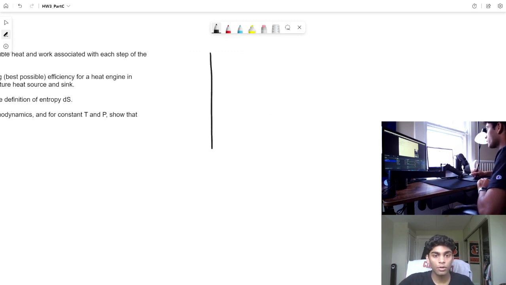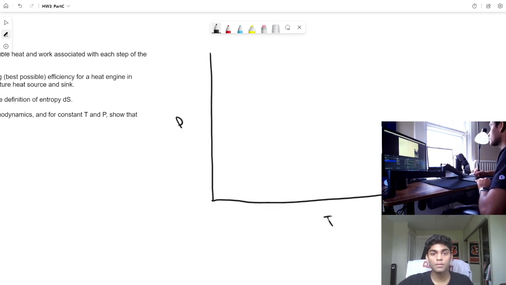So for the Carnot cycle, we have a pressure axis and we have a temperature axis. Now on the pressure temperature graph here, we have two isothermal curves at two different temperatures.